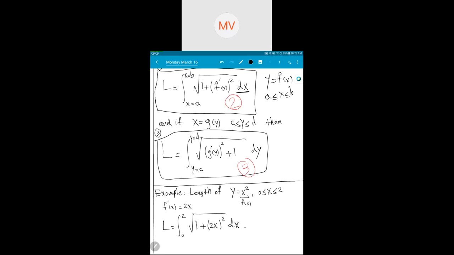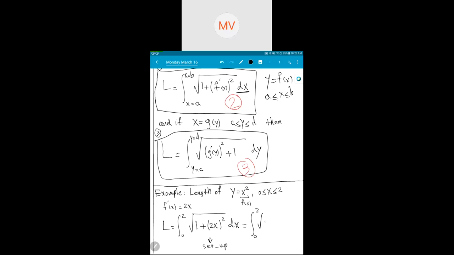Right? So that's it. That's the setup. So the setup is good. The rest, you know, is simplify, integrate, whatever technique you need to use, and finish the problem.